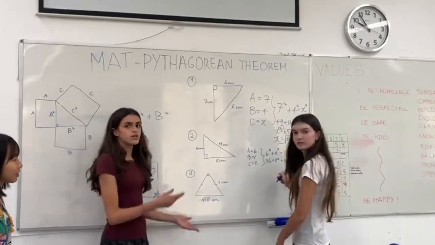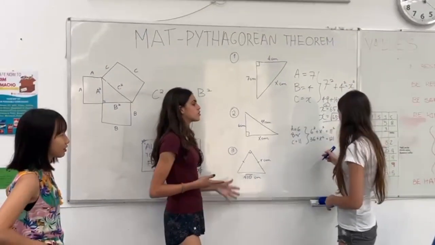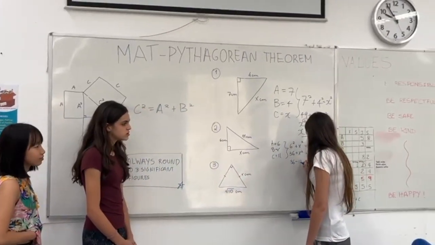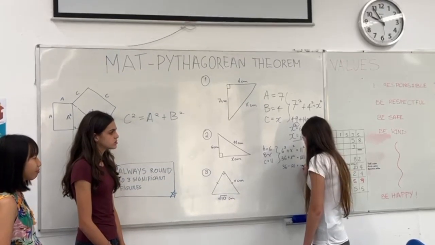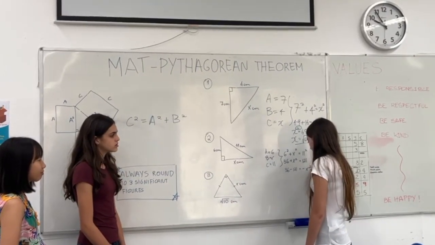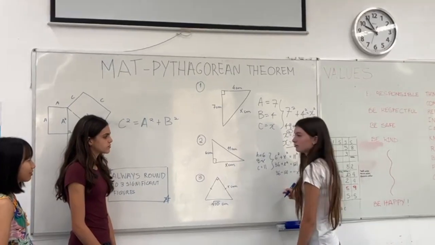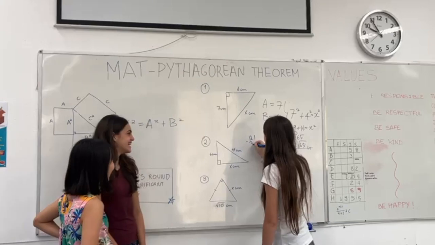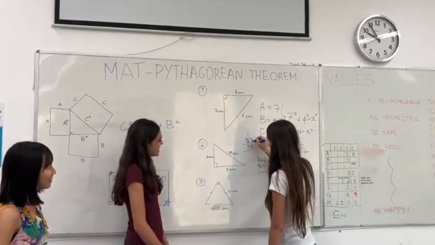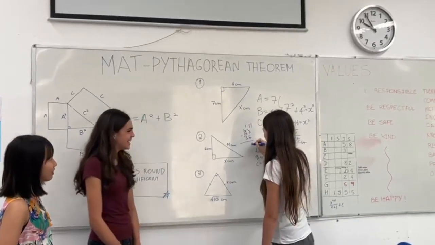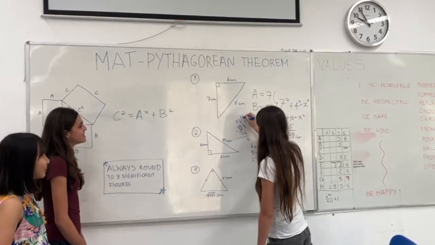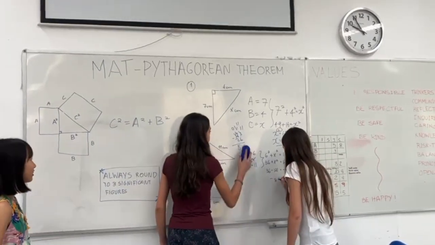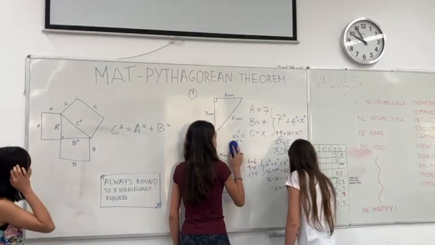So now we are going to have to switch the sides. We solve the equation, so minus 36 on both sides. 121 minus 36 is 85, so this is going to be negative 85 equals negative x squared.